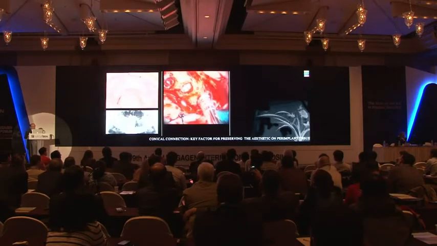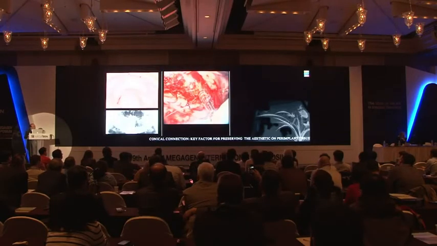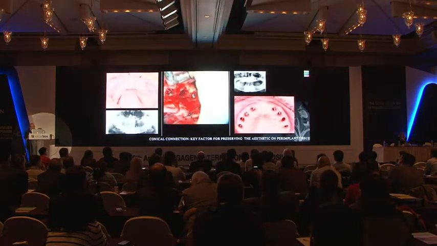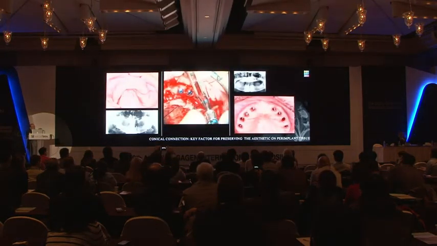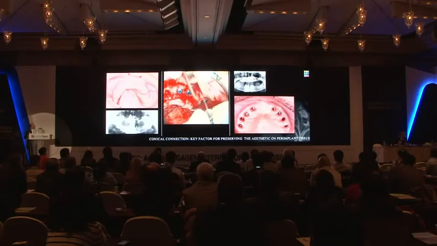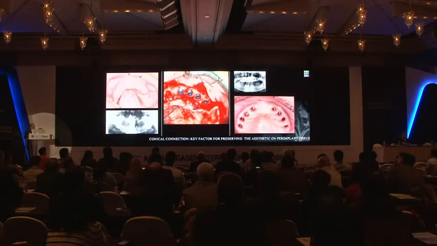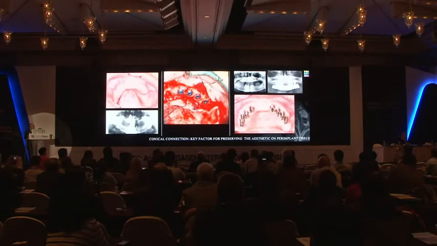We placed the implants, second stage, after 2 months. We open, and you can see the good quality of the soft tissue and the radiographic control of the prosthetic connection.